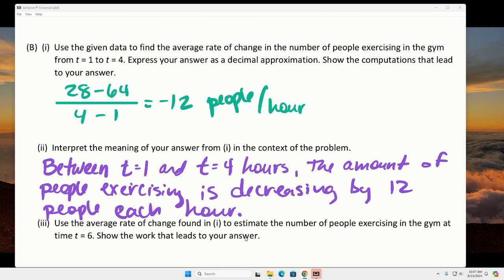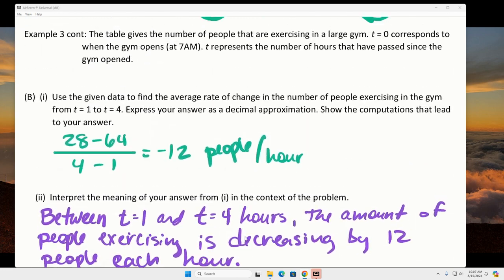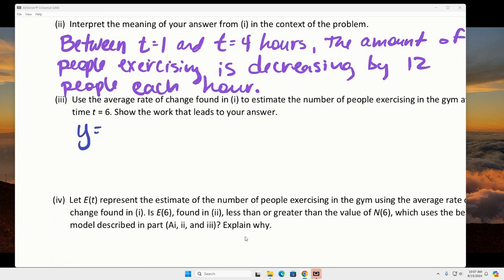Okay. And number 3 is also from yesterday. We're going to use that average rate of change we just found to estimate the number of people exercising at t equals 6. So I'm going to go ahead and write a secant line, and I'm just going to use the 164. The other one will give you the exact same answer.